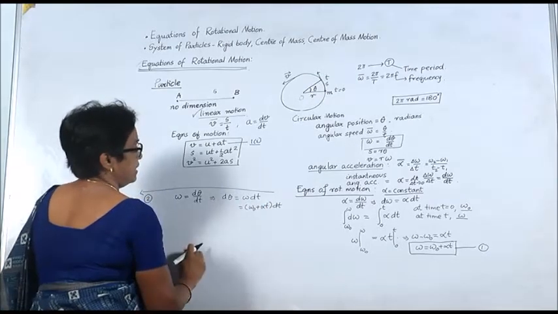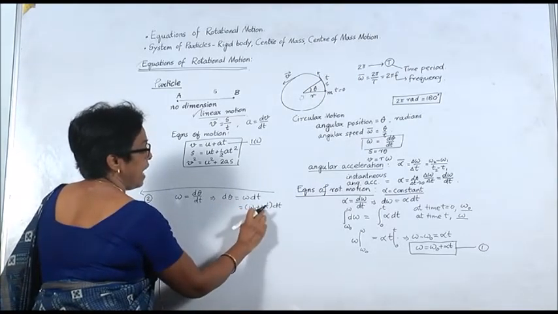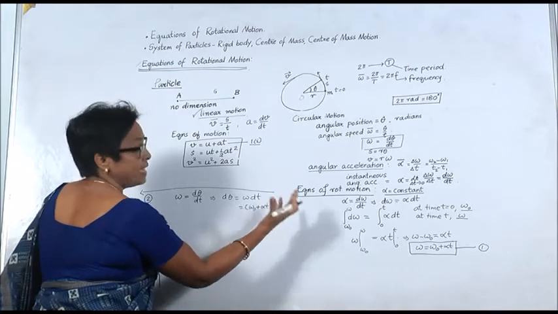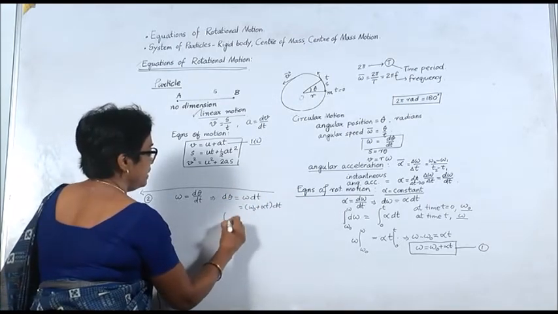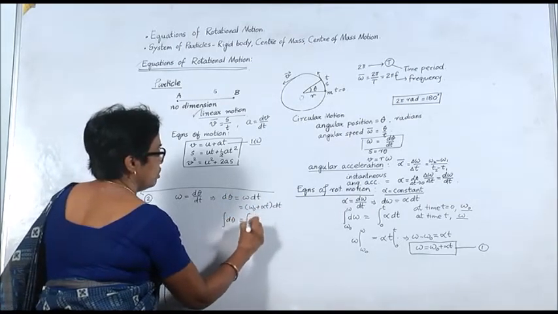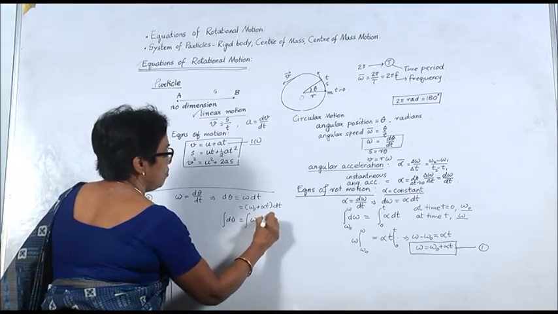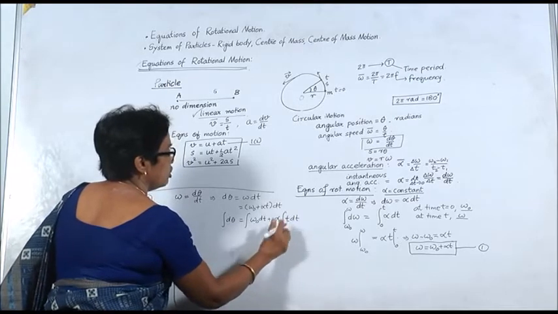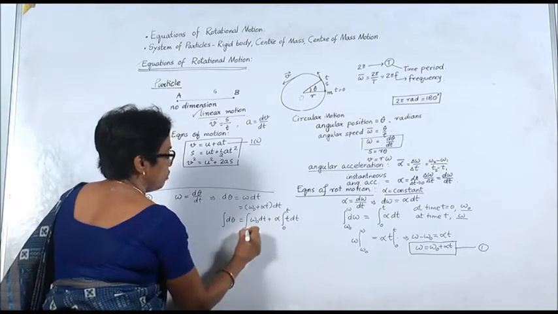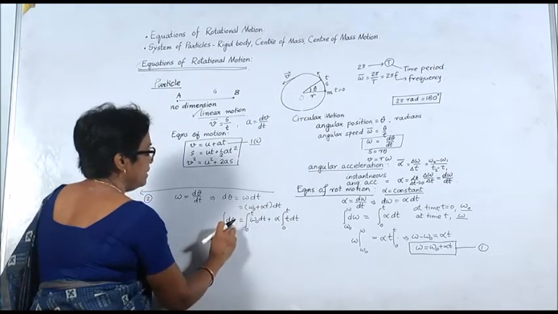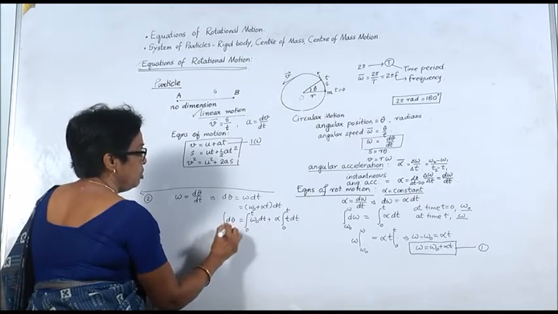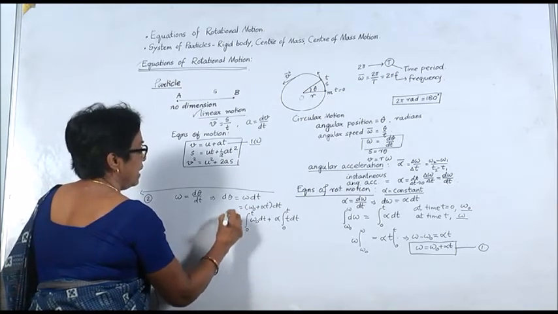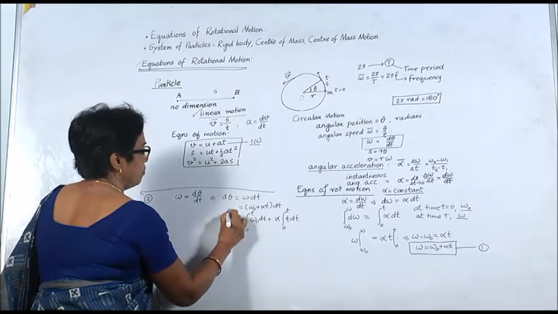Now I can integrate, because alpha is constant, t dt I can integrate. So, if you integrate on both sides, omega 0 dt plus alpha t dt. Now, integration is from 0 to time t, and for d theta, let us say at time 0 the angle was 0 and at time t the angle is theta.